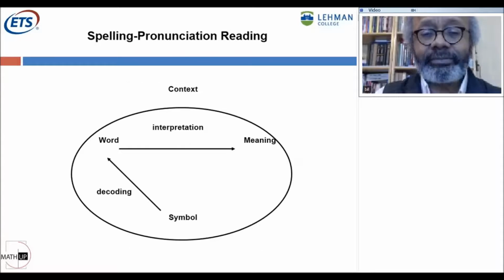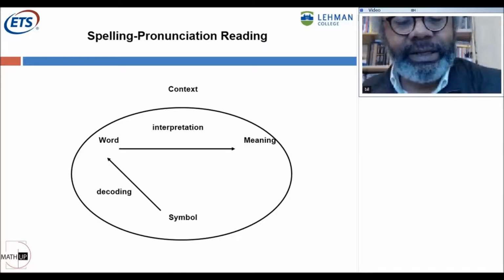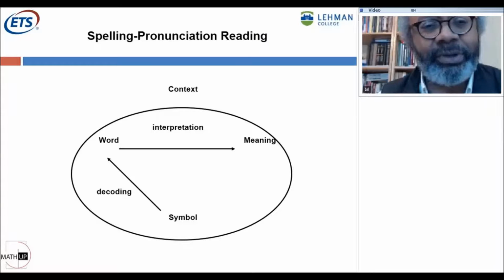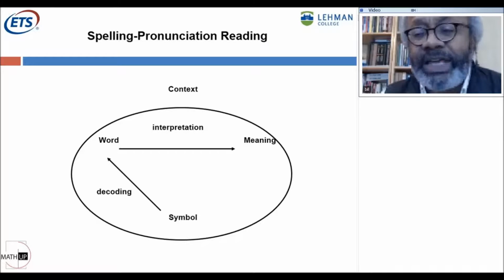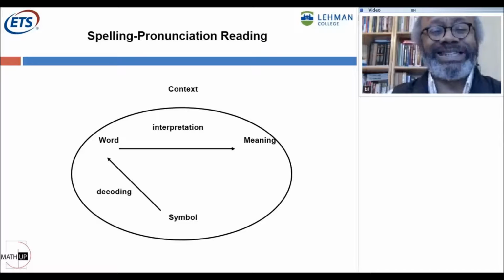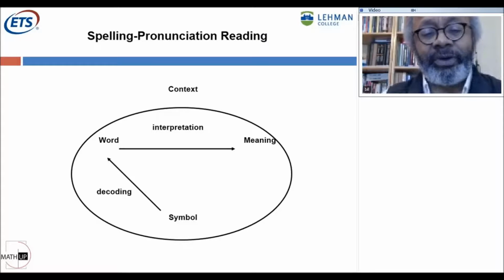If we think about the different types of symbols we use, when we use the alphabet to represent words, the alphabet represents sounds. We put those combinations of sounds together to form a word, and the word tells us what we mean.